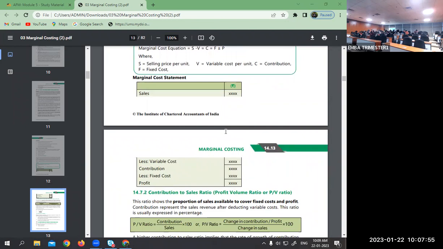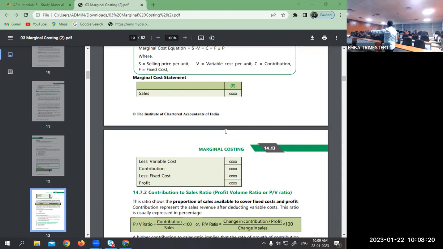So this is the marginal costing statement. Whatever you wrote in an equation is given in statement form. In a particular column, sales: what is the expected sales of the company? Some amount minus variable cost. After writing the equation, the statement also. Marginal cost statement, simple.